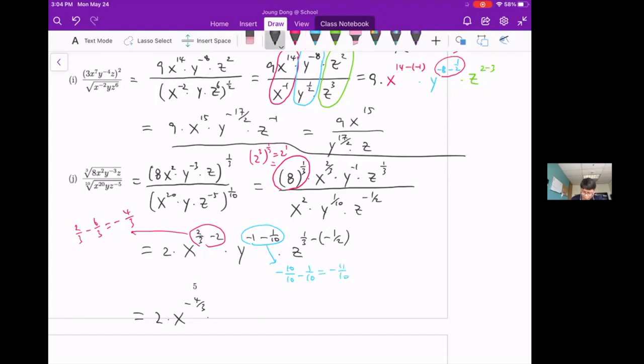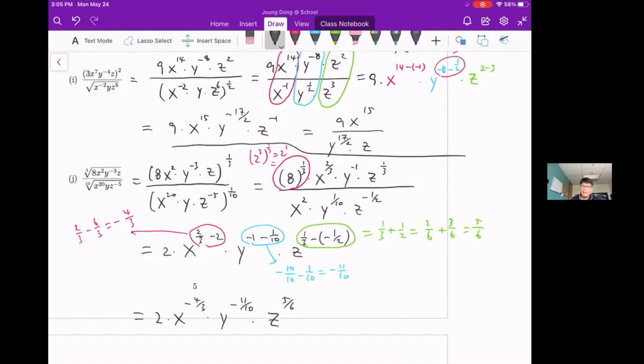So your y term is y to the minus 11 over 10. The very last one, z term, the exponent of the z term is 1/3 and minus, which is plus 1/2. That is 2/6 plus 3/6, which is 5/6, right?